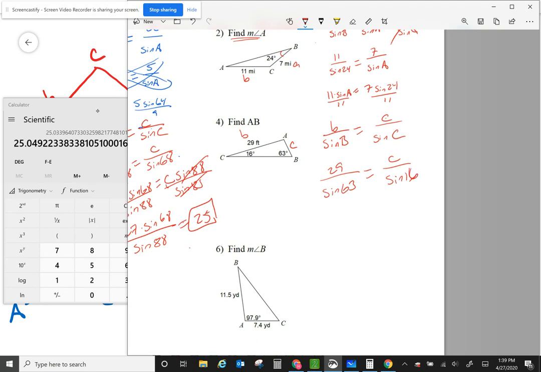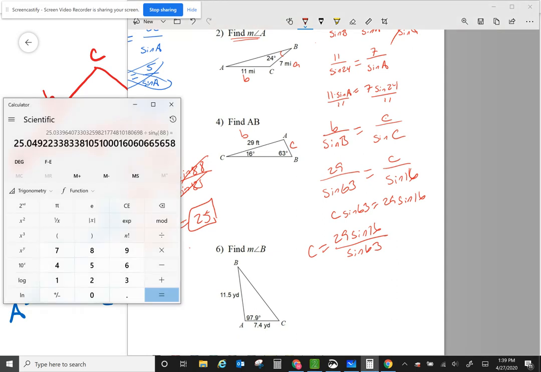When I cross multiplied, C times sine of 63 is equal to 29 times sine of 16. So I get that C is equal to 29 times sine of 16 divided by sine of 63.